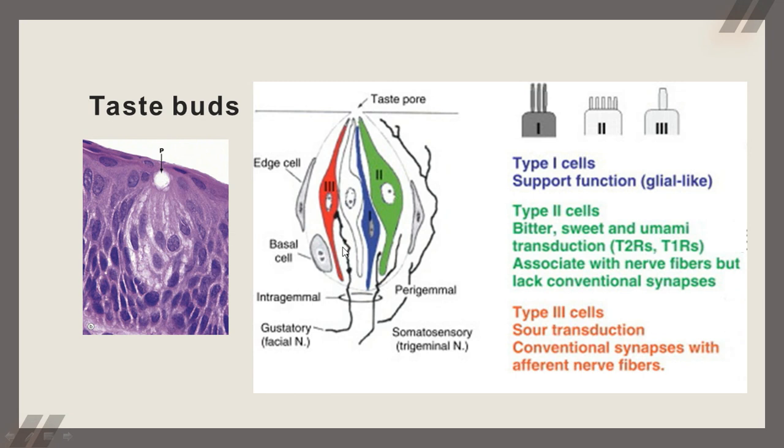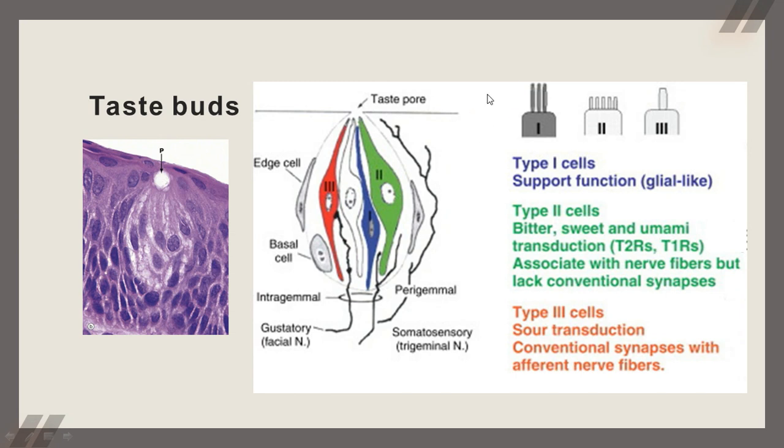Now how is the taste perceived? There are some regions of taste perception in the tongue. The sweet sensation is perceived by the anterior part or tip of the tongue.